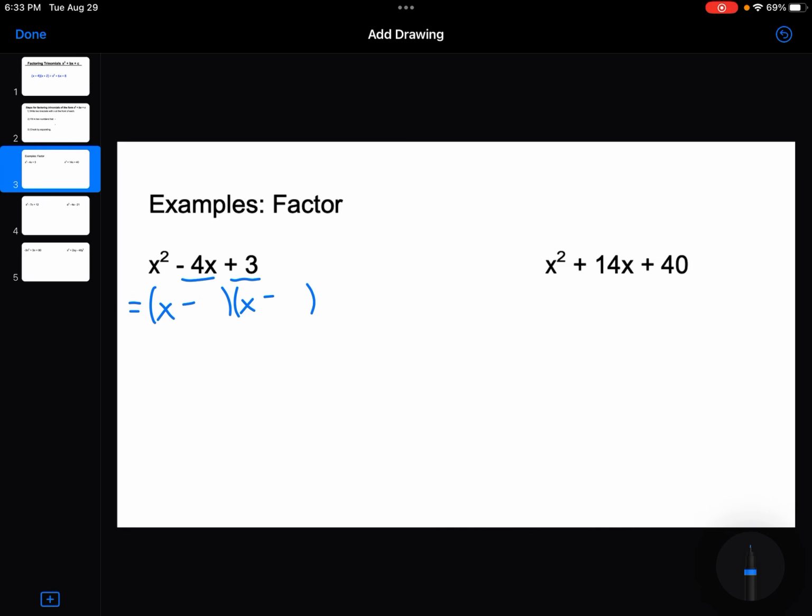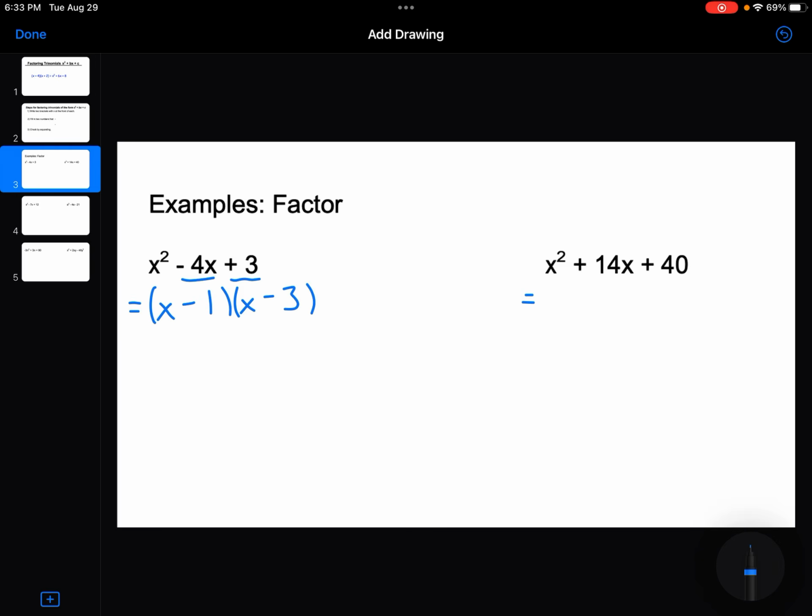A negative and a negative make a positive, and they also add to a negative value. Now the only way to multiply to 3 is 1 and 3. 1 times 3 is 3. Two negatives make a positive, so we've got our positive 3. And then negative 1 plus negative 3 is equal to negative 4, so we know we're correct.